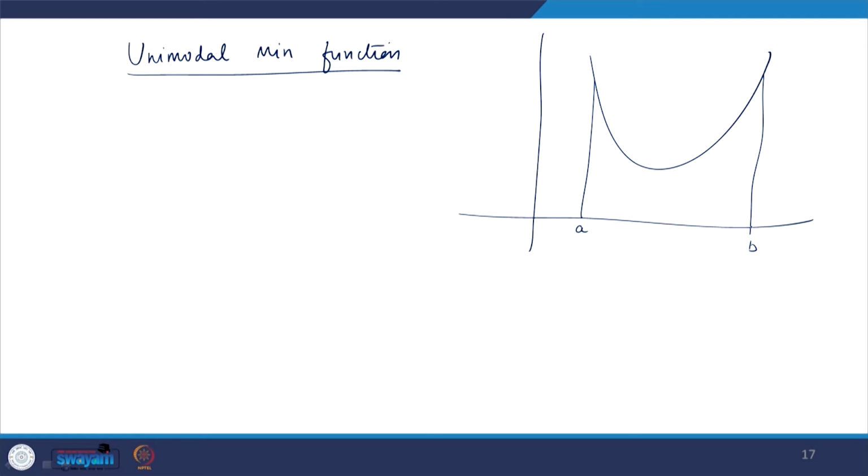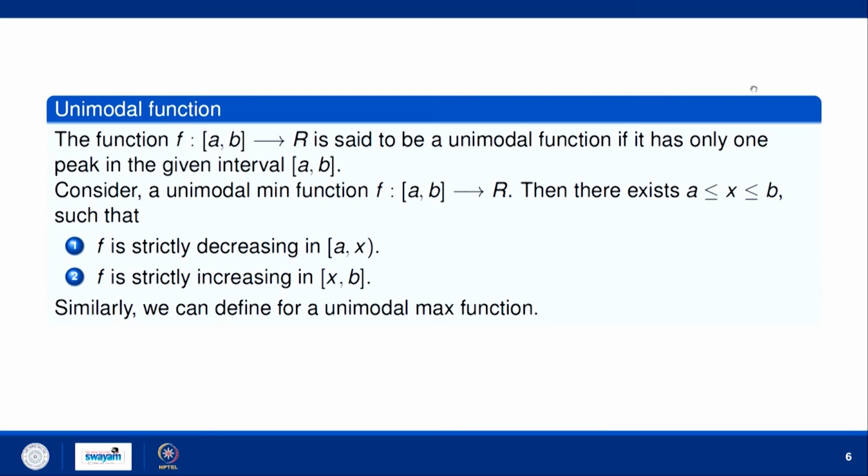This is the initial interval of uncertainty [a, b], a closed interval, so these end points are also inclusive. It first decreases up to some point and then increases, because it is a unimodal minimum function. So there will be an x between a and b, the minimum point, where the function strictly decreases from a to x and then increases from x to b. Similarly, we can define a unimodal maximum function.